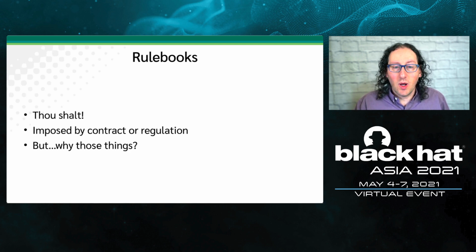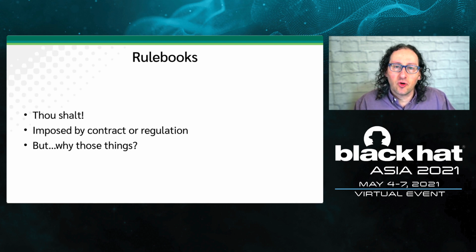Okay? Well, what is a compliance system? It's some sort of rule book. It's a set of things that you are required to do. You'll do this, you'll do that. And these are usually imposed by either contract or regulation, where in order to sell a medical device, for example, you have to go through approval from the FDA.